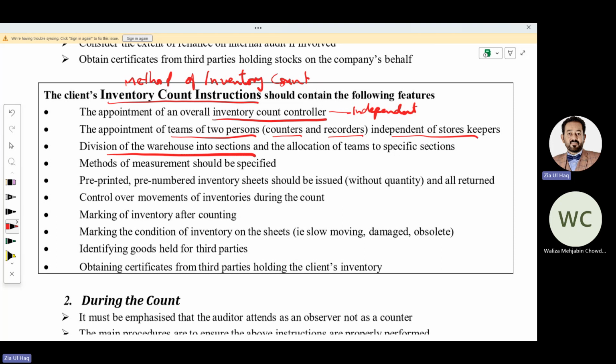And the staff should be aware of the method of measurement, meaning how they should measure the inventory. Either in numbers, in kgs, in liters, or in dozens.